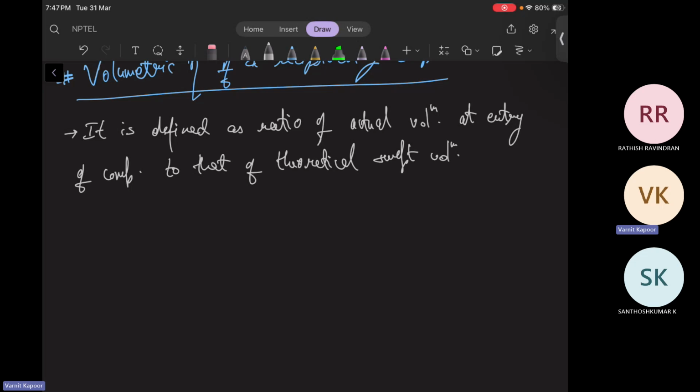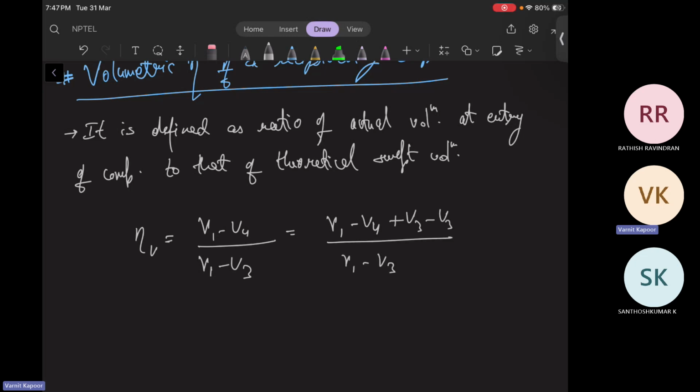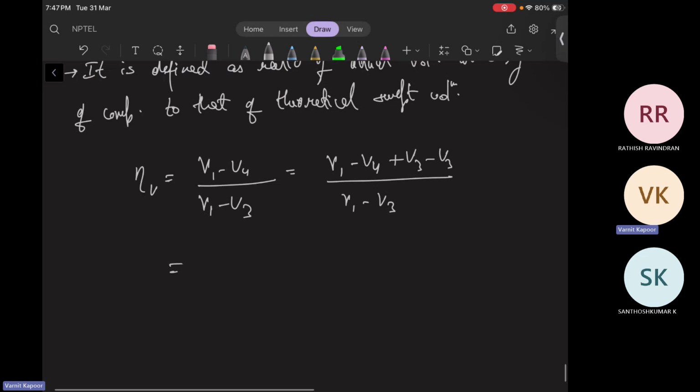So we can write the volumetric efficiency as V1 minus V4, which is actual, over V1 minus V3. If I add and subtract V3 in the numerator, we can write it as 1 plus (V3 minus V4) by (V1 minus V3).